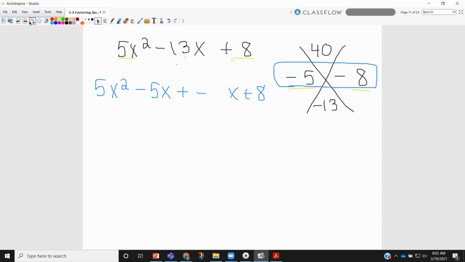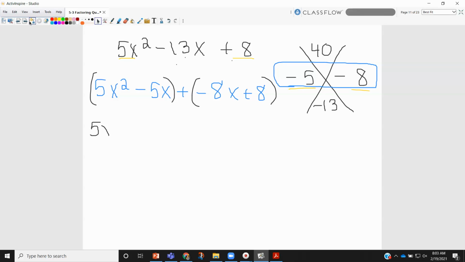What I mean is that when I group my last two terms together, I put the negative inside my factor by grouping. It's kind of like a plus a negative if that helps you. But you always want to make sure that if your factor is negative, you group it in the parentheses. So we take out a 5x from the first two terms.